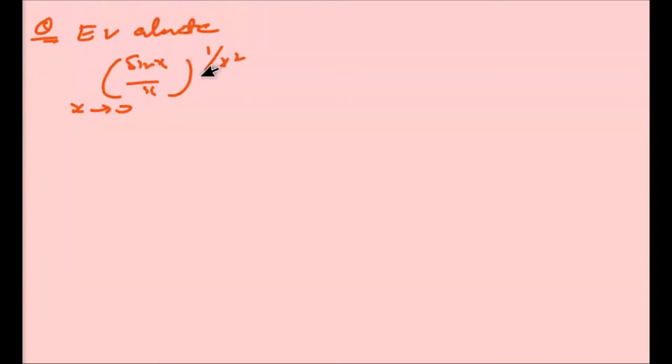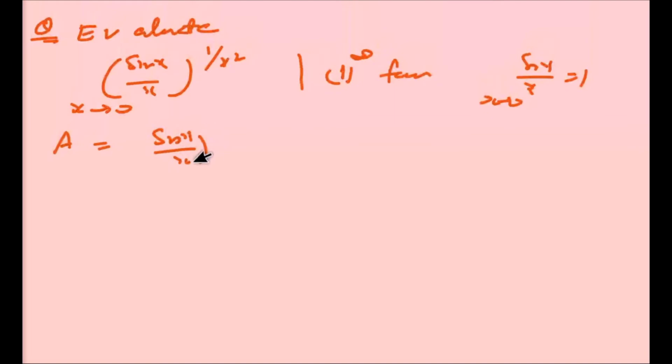So student, you can see sin x upon x, x tends towards 0, is 1, and it is 1 to the power infinite form. Now we have to write here a equal to sin x upon x to the power 1 upon x square.